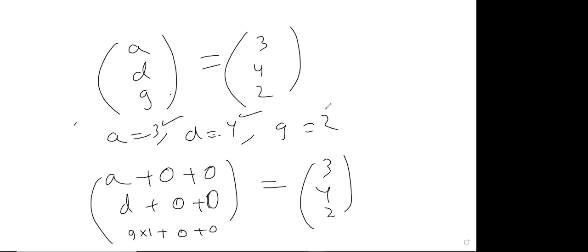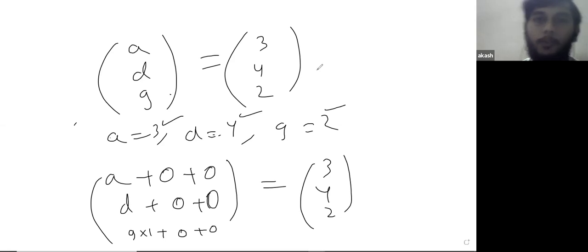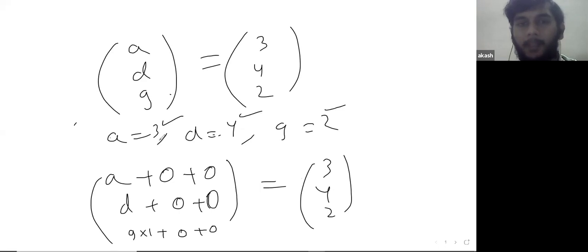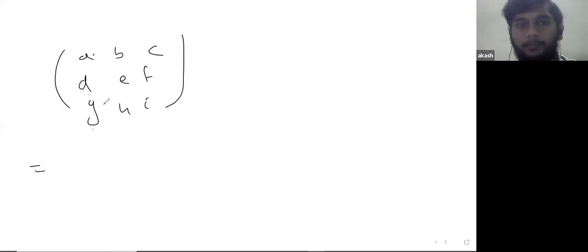Replace these values in the transformation matrix we assumed. We assumed the transformation matrix to have A, D, G like that. We got the values of A, D, and G as 3, 4, 2. Right?